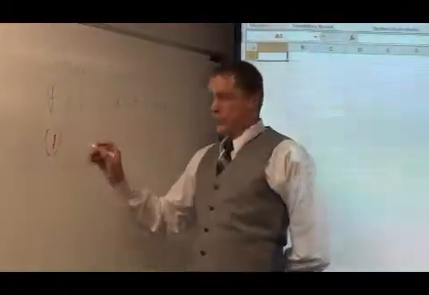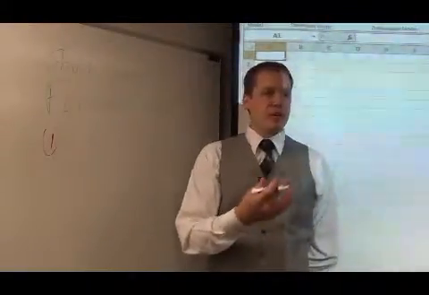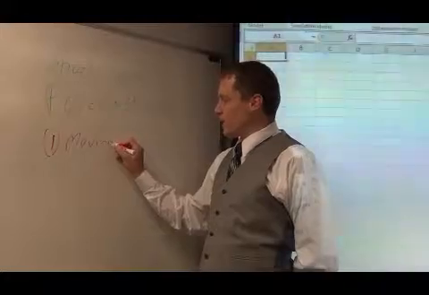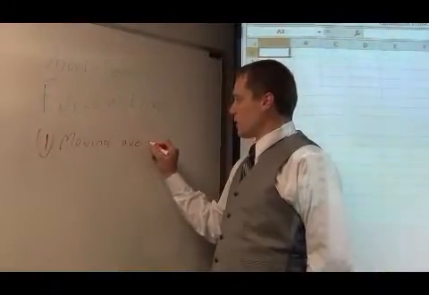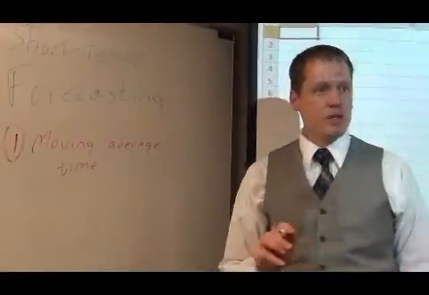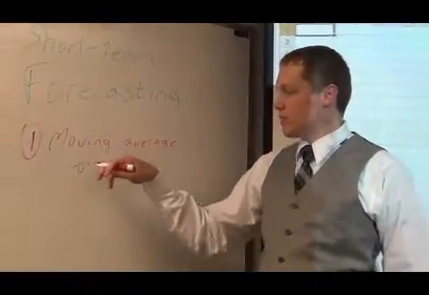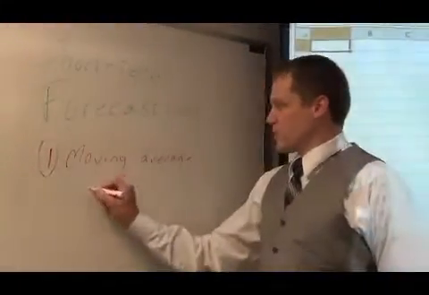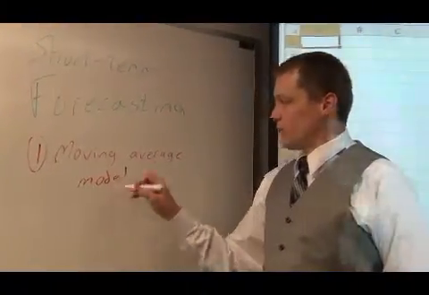The first thing you can do, basically the most simple thing you can do, is you can take an average of the values over time and use that to predict the future. So over time, you're going to take an average, a moving average model, or moving average algorithm.